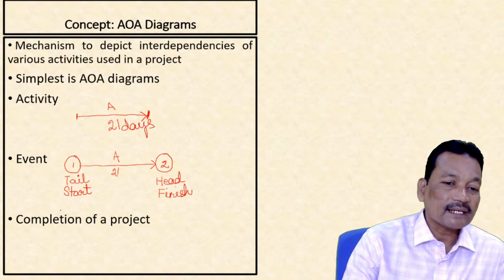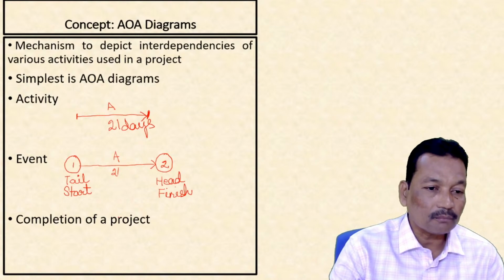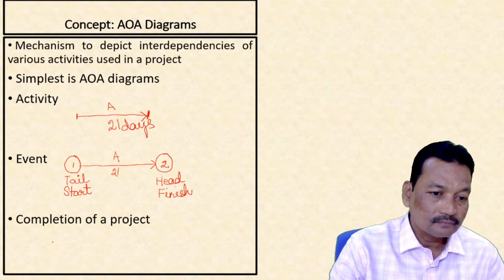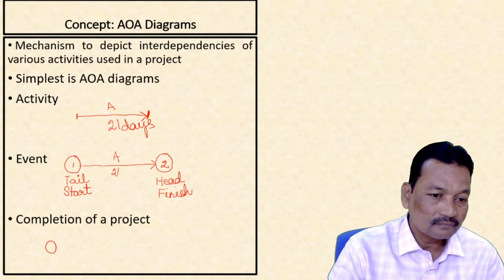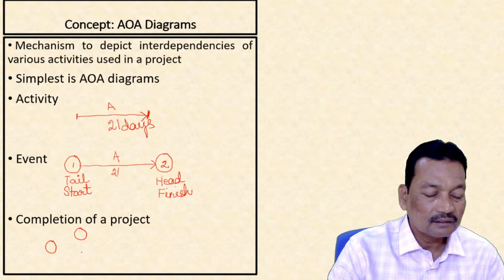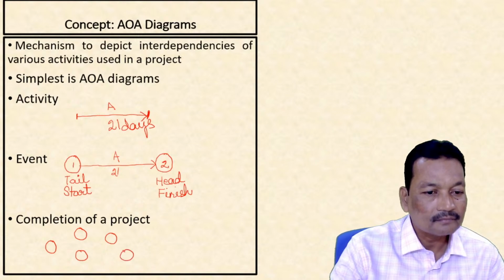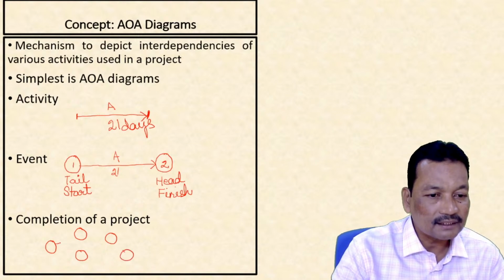Now we can construct a diagram in the form of a chain like this. Suppose I do a simple event diagram like this. All of you can see here.